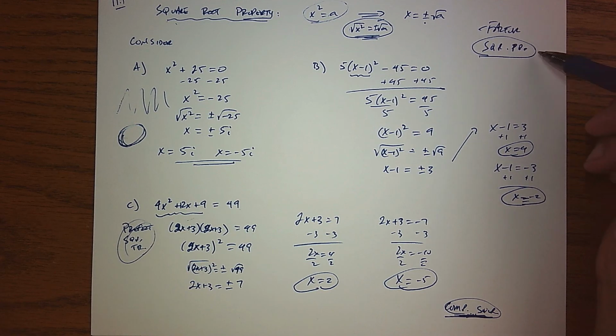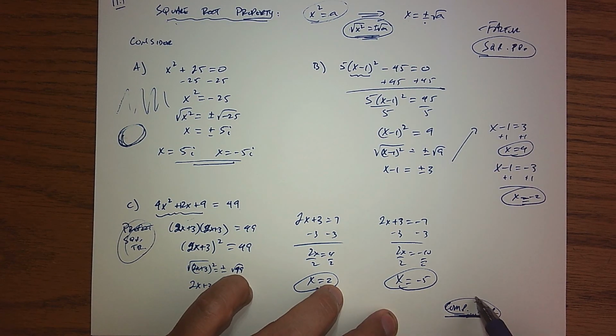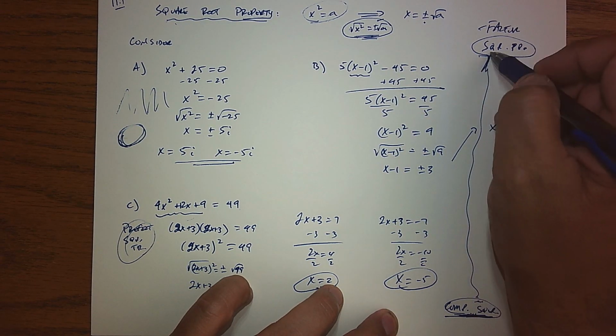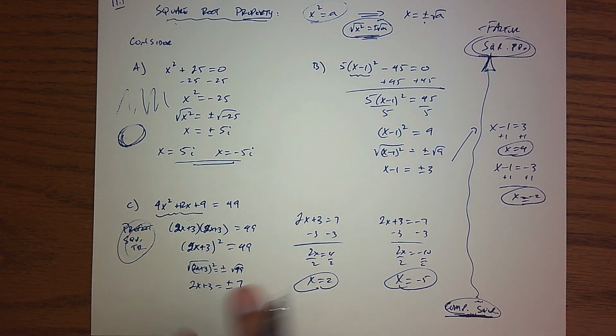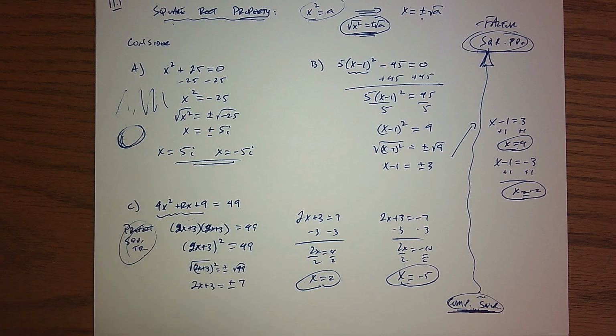And so that's going to require some steps to occur, but it turns out that the completing the square process is actually built to create the situation like this, where I can actually use the square root property to solve. All right, so obviously more on that on the next video.